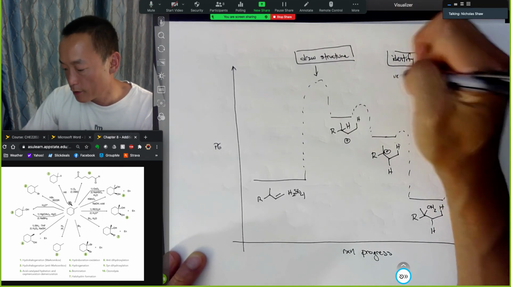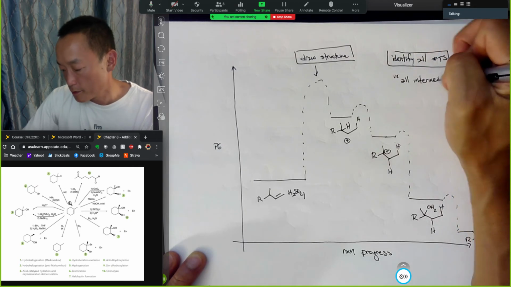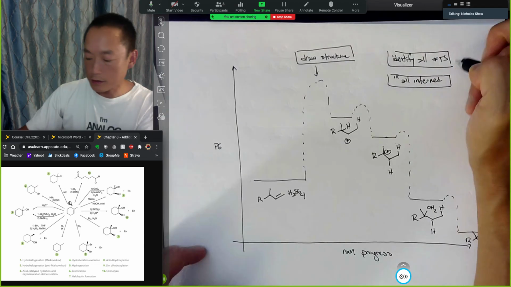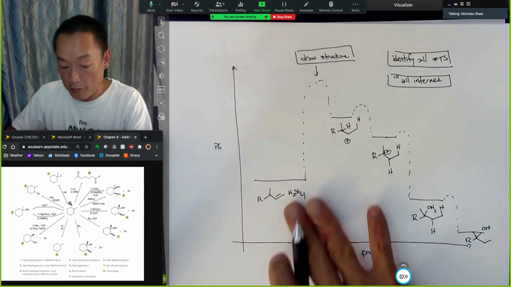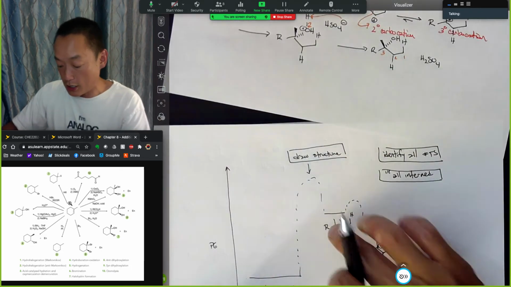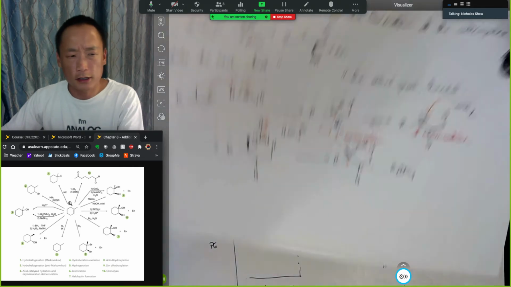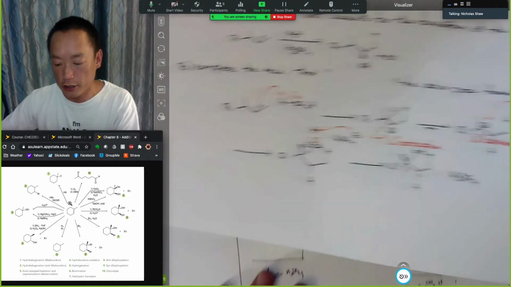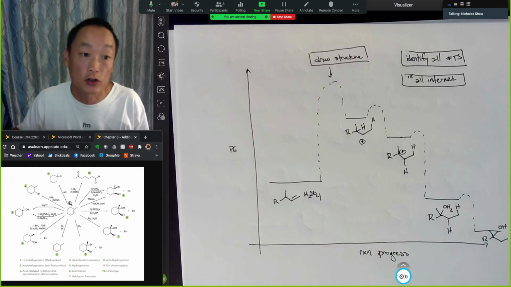Identify all intermediates. Or perhaps match these structures to positions on the mechanism. Again, I'm hopefully illustrating what that 85% of the examination is going to look like.